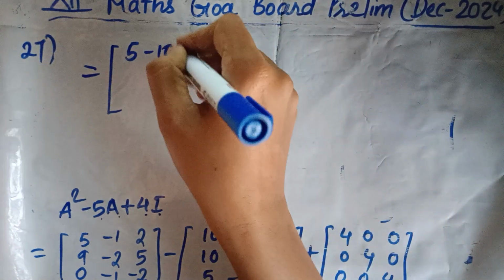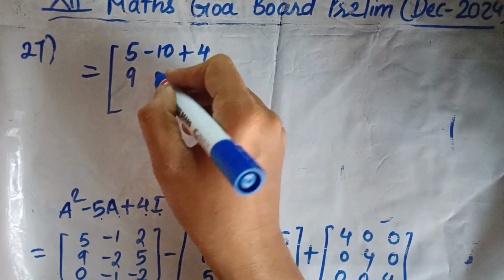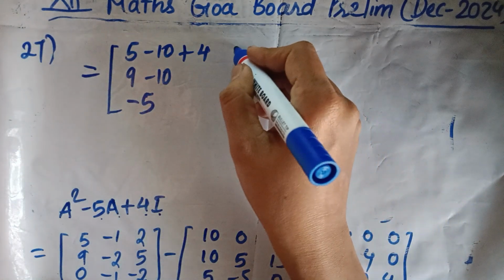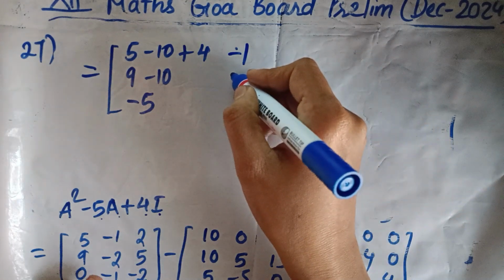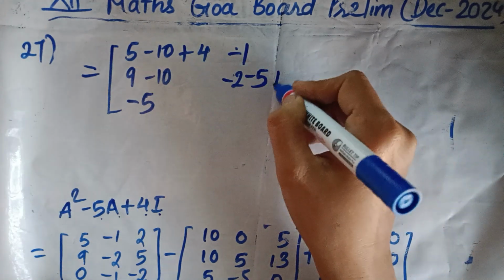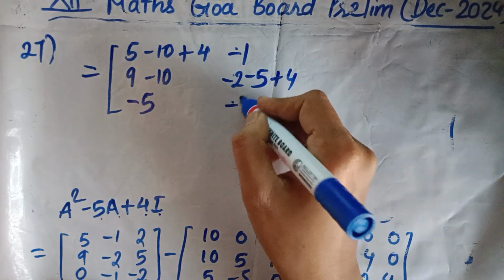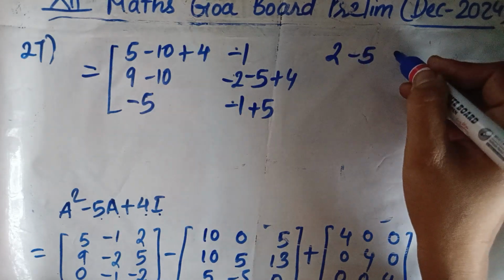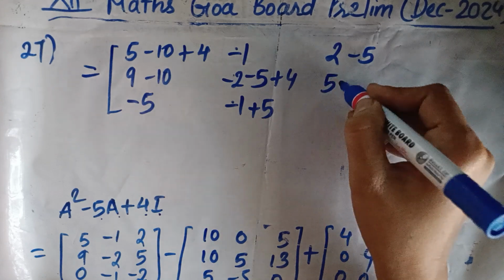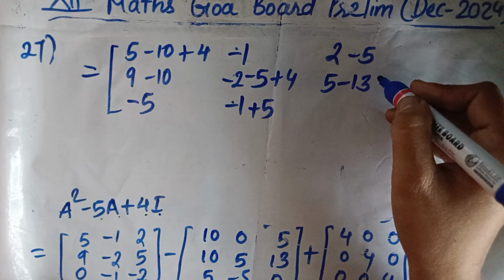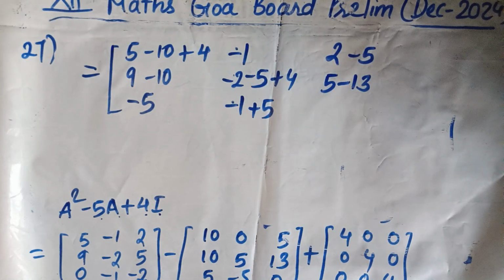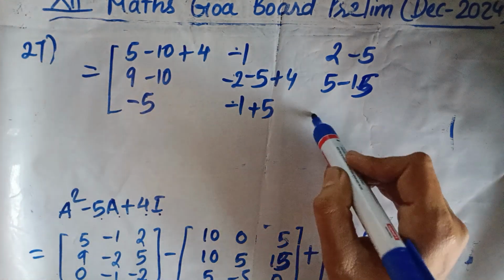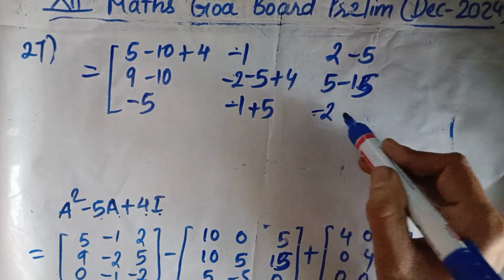5 minus 10 plus 4, 9 minus 10 plus 0, 0 minus 5 plus 0, minus 1, minus 2, minus 5 plus 4, minus 1 plus 5, then 2 minus 5, 0, 5 minus 13, how 13? 15 it is, 0, minus 2, 0, plus 4.